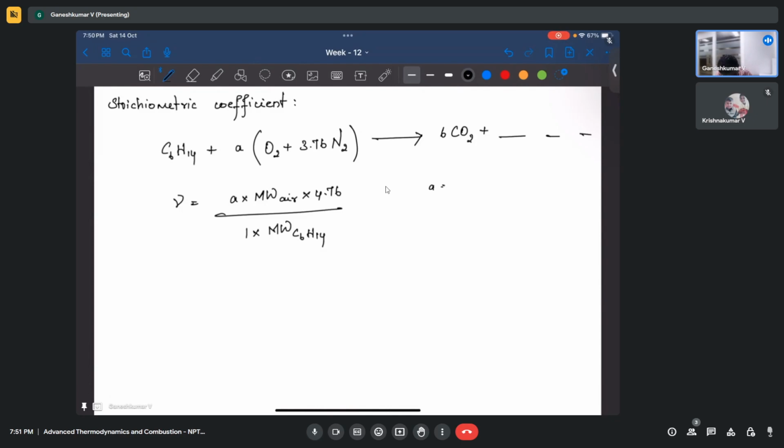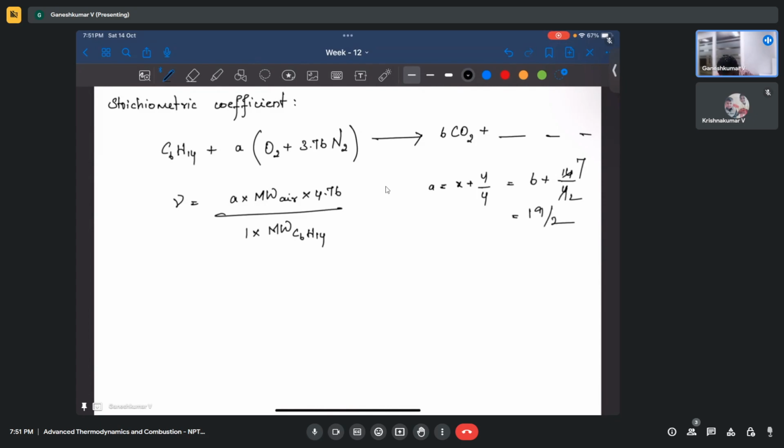So A we can find, which is nothing but x plus y by 4 for any hydrocarbon. So this is going to be 6 plus 14 by 4, which is 19 by 2.